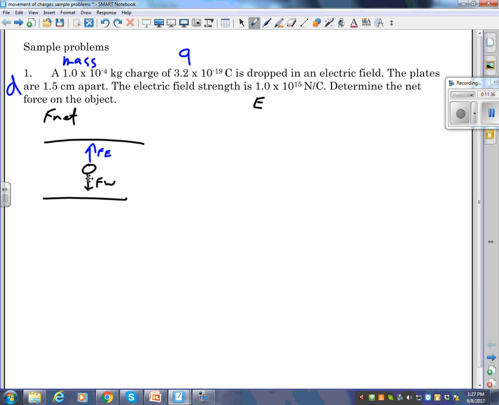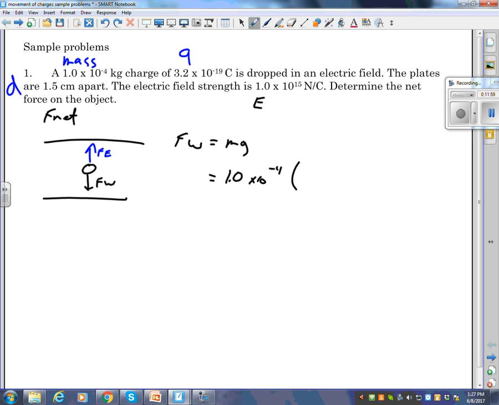Okay, so determine the net force on the object. Can you find the weight force, Jordan? Yes. How do we do that? Fw is equal to mg, right? My mass is this number right here, 1.0 times 10 to the minus 4.